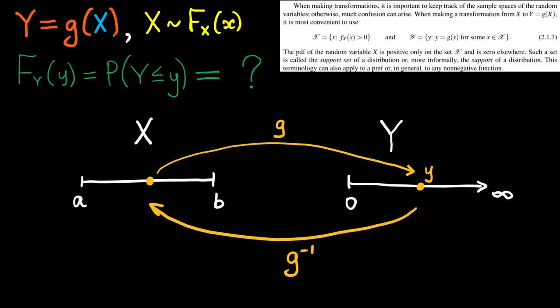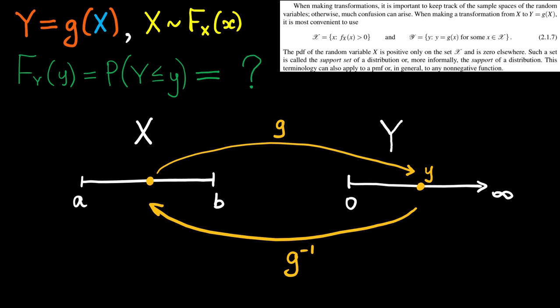I brought in an excerpt from the book in which the authors introduce the definition of the support set of the random variable x and the support set of the random variable y. To start with, notice that the support set of the random variable x is taken to consist of all the values of x, lowercase x, where the PDF is greater than 0.